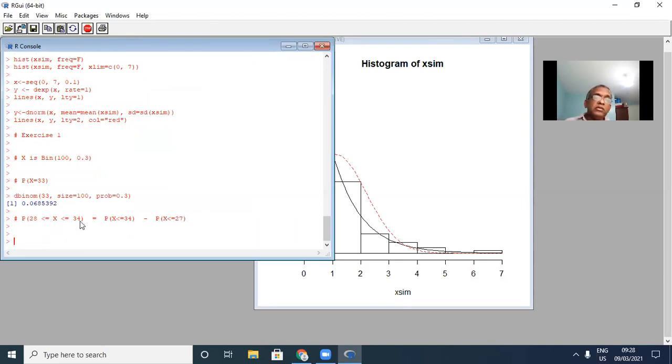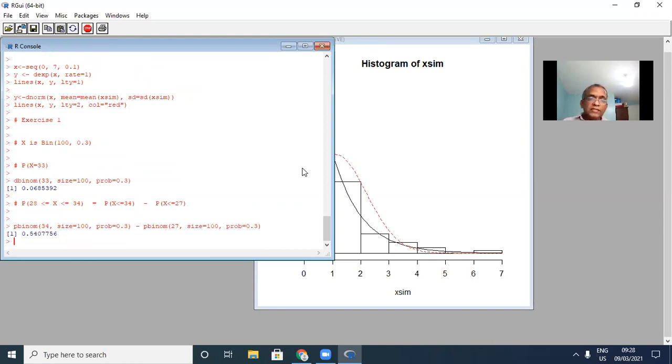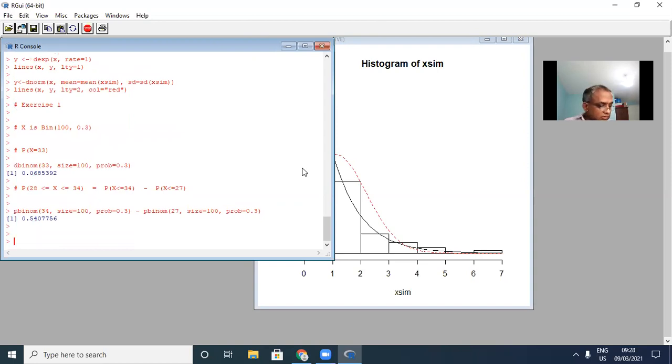So this probability is this, take away this, right? All right, so to compute the probability that x is less than or equal to 34, use pbinom at 34, take away pbinom at 27, size equal to 100, the probability equal to 0.3. Right, this is what you get.